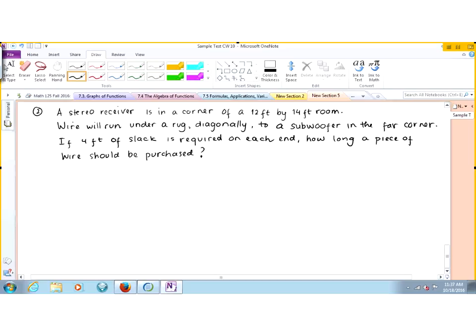Well, you should draw this again also. Like do a diagram. So what are you drawing here? A room, right? Okay. So this is 12 feet by 14 feet. And then what about the wire? It's going diagonal from corner to corner.